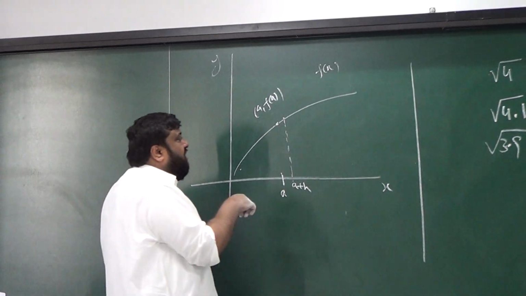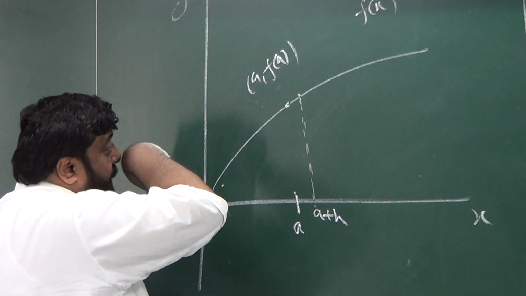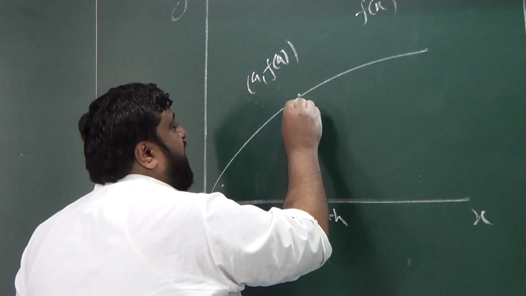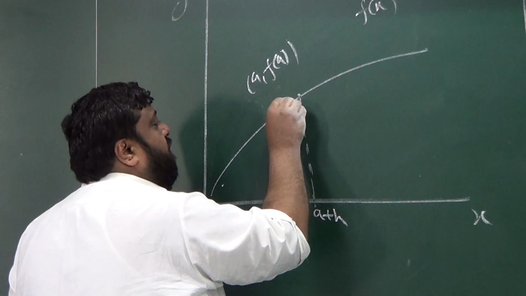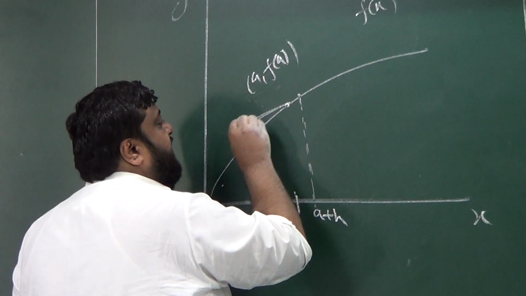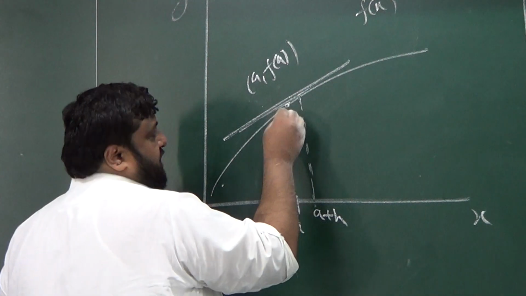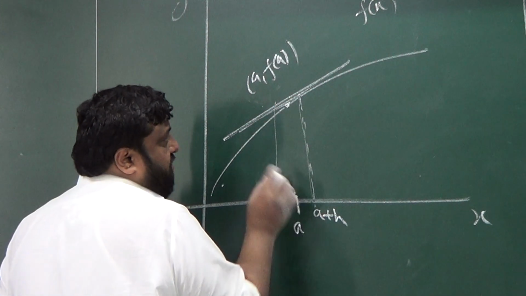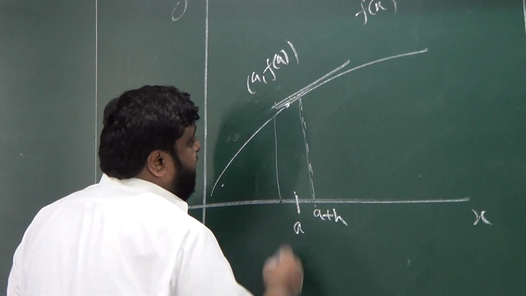But how can I approximate it without using the function f of x? What you can do is draw a tangent line at, for example, point a, and this tangent line is going to approximate the curve on this small interval.